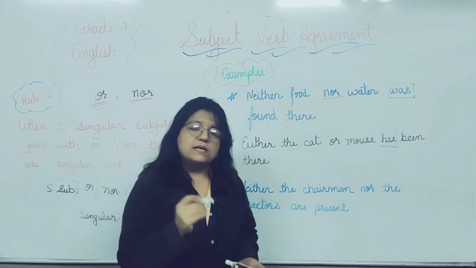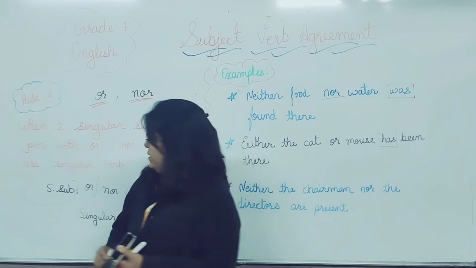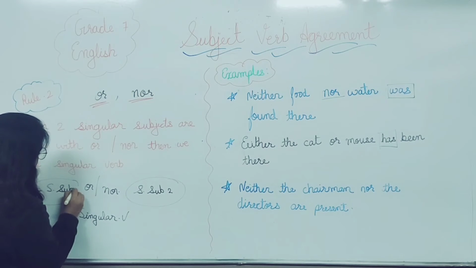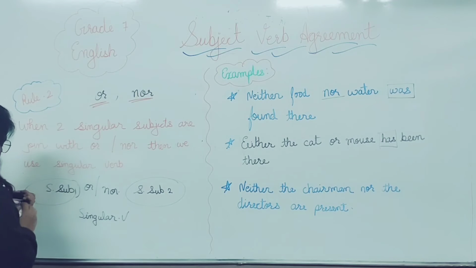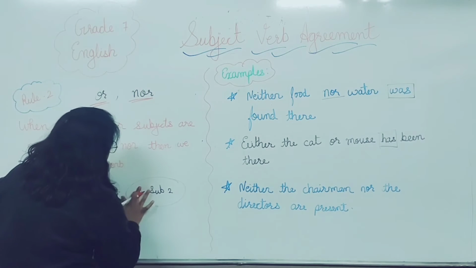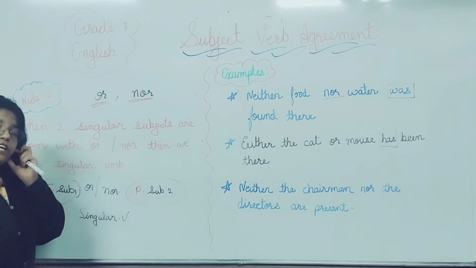Now there are some exceptional cases in this, like when the first subject is singular, here you can see it is a singular subject, but if the second subject is plural, here, if the second subject is plural, then what have we done?